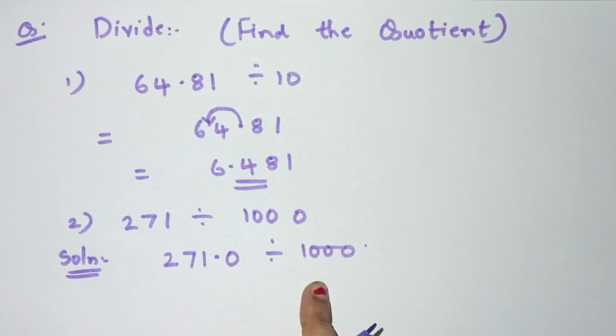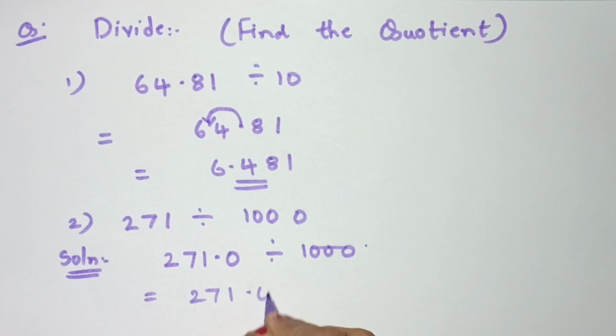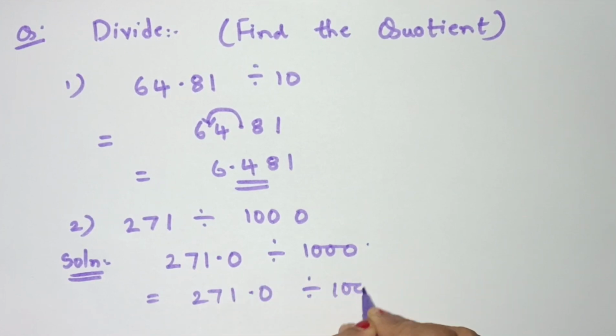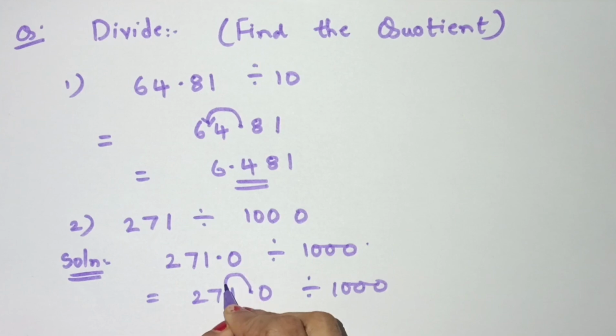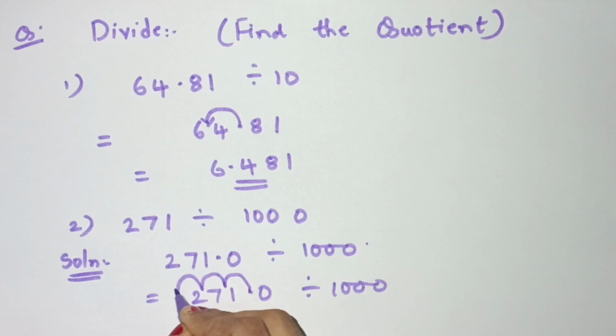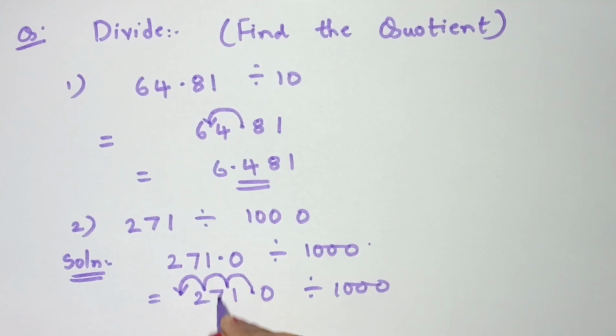So now there is no confusion in the question. Now what have you learned with these three zeros? If a decimal number is divided by 1000, the decimal point shifts three places. 1, 2, 3. Shifts three places to the left.